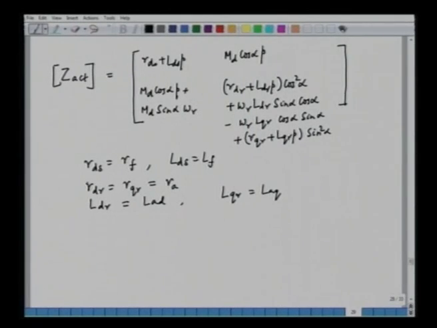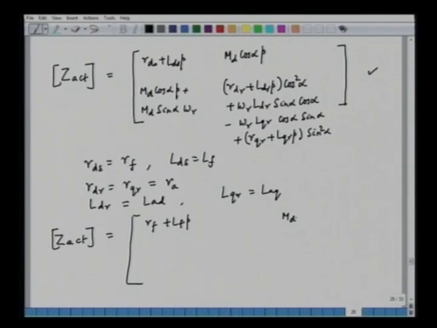So, when we substitute this RDS, RDR, RQR, LDS, LDR, LQR in the equation for the Z actual, what we obtain is the following. So, we can say that Z actual after simplifying will be of this sort: RF plus LFP.